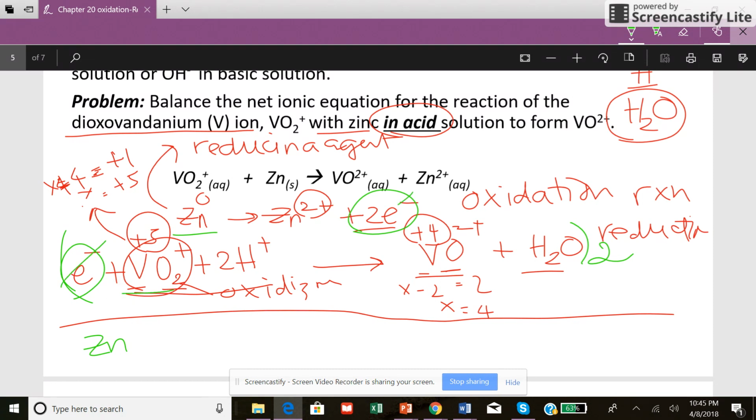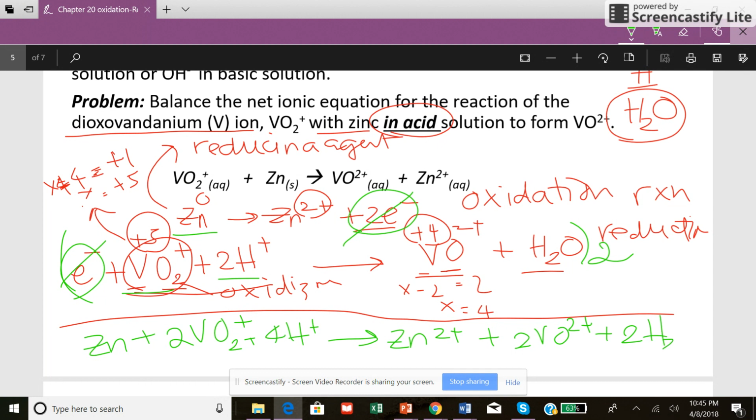Electron and electron cancel out because you multiplied by 2, but you will have 2 VO2 positive, and then 4 H plus, and then you have zinc ion, and then 2 VO2 plus, and then 2 water.